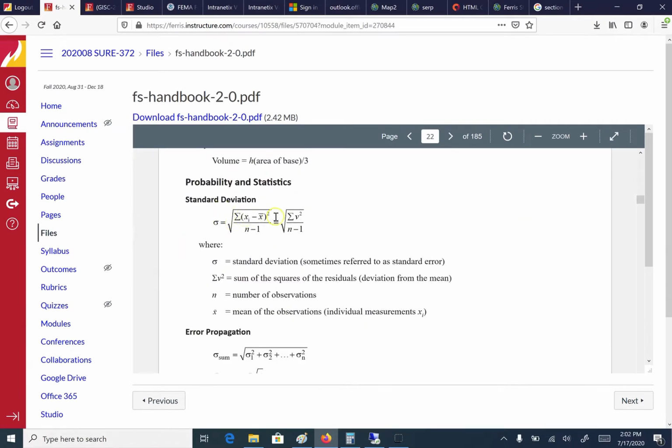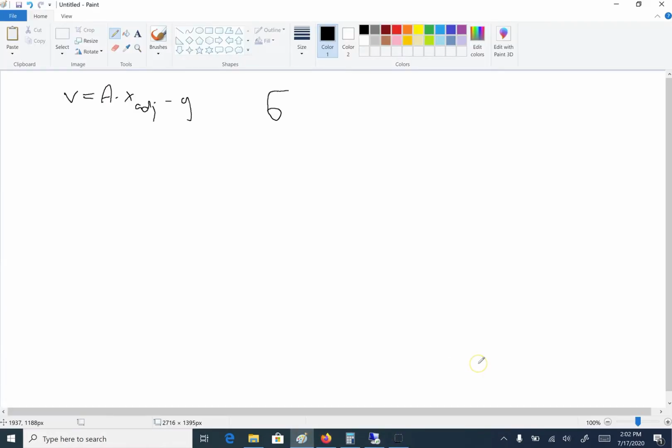Standard deviation is basically the sums of the squares of the residuals divided by n minus 1, where n is the number of observations. So it's the square root of the sums of the squares of the residuals divided by n minus 1, or it can be divided by n.